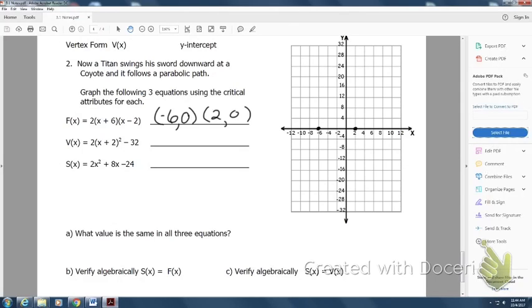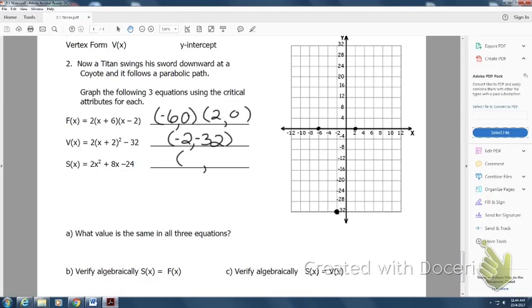Once you have those, Lily, what would my vertex be? -2, -32. Awesome. And Neil, what would my y-intercept be? It would be negative 24.